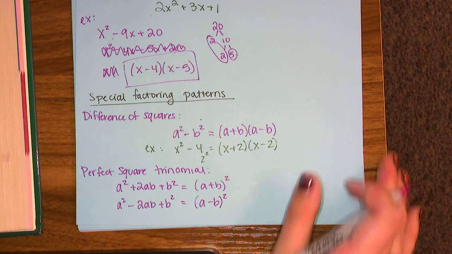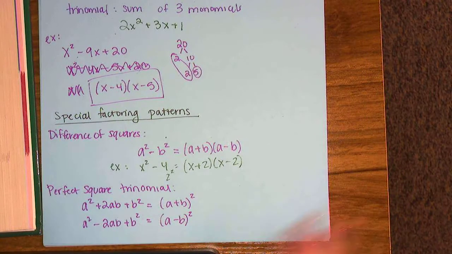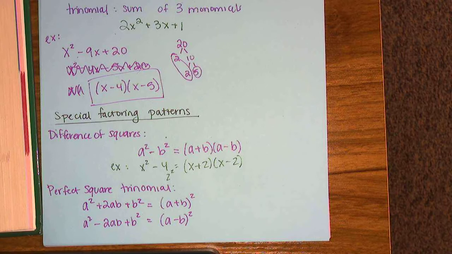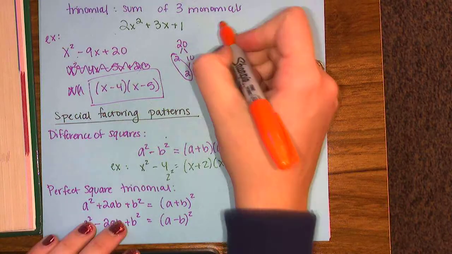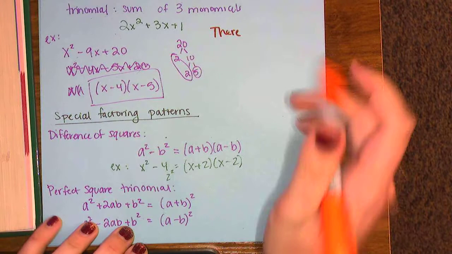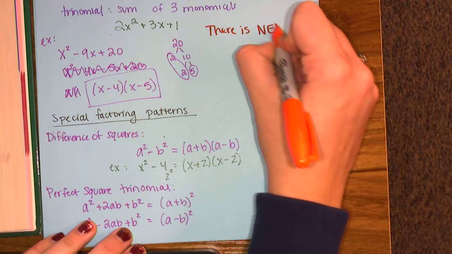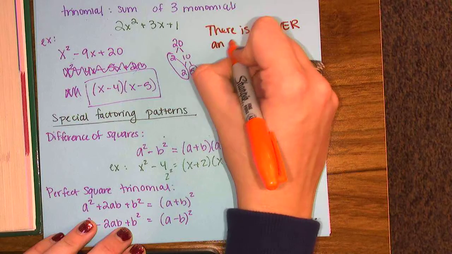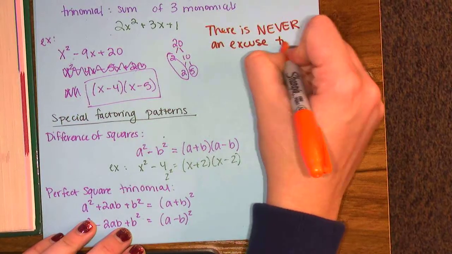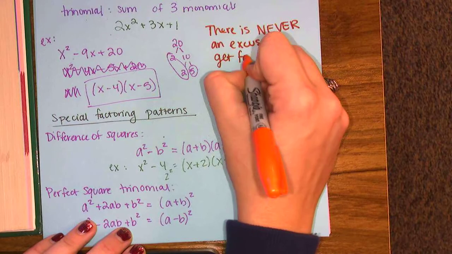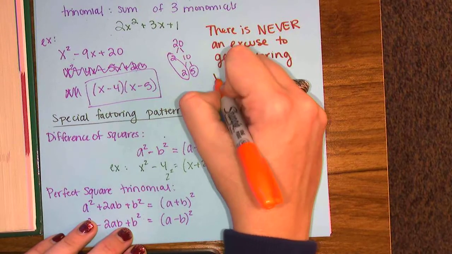Now, just a note here, warning, reminder. Make this something really bold that you're not going to miss, you're not going to forget about. Probably should use a color I haven't been writing in. There is never an excuse to get factoring wrong.